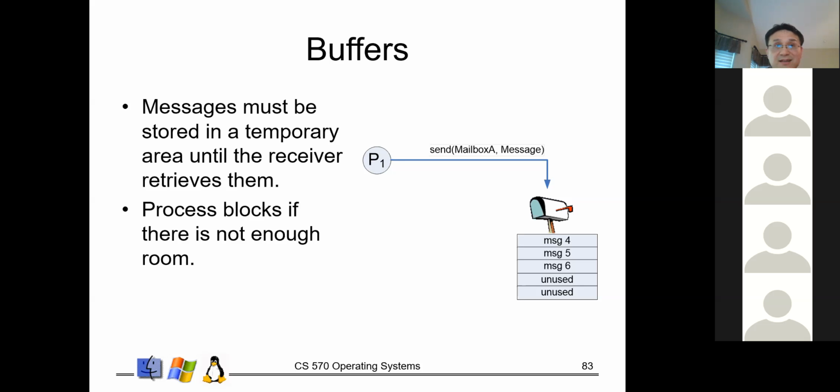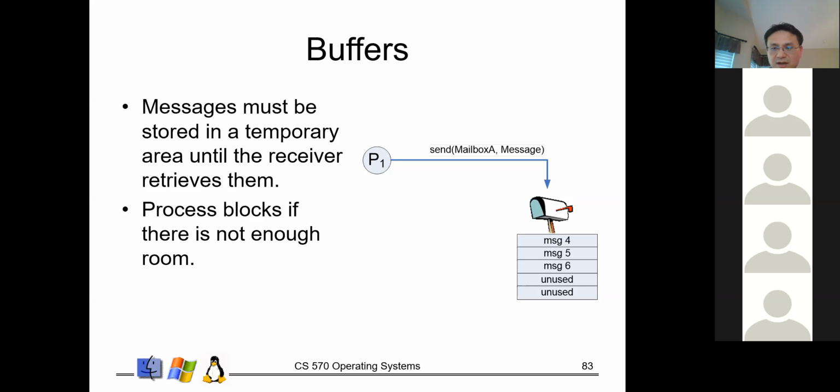Again, we're talking about the coordination between the sender and receiver, right? You can't send messages that are bigger than the buffer can hold, if the receivers cannot consume the messages fast enough.